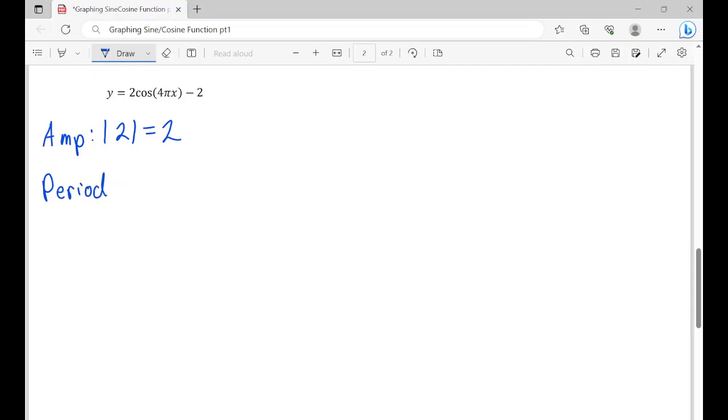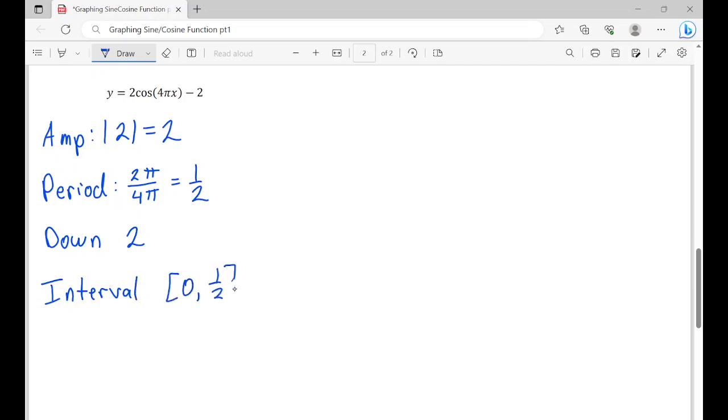My period is going to be 2 pi over k, and this time k is 4 pi, so it's going to be 2 pi over 4 pi, which is just going to give us a half. And this graph has actually been shifted down 2 units because of the minus 2. An appropriate interval to graph is going to be from 0 to a half.